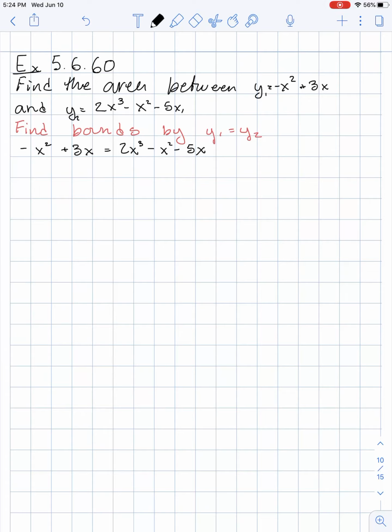All right. So then if I add x squared to the other side, I'll get 2x cubed. Those two cancel out. Yes, they do cancel out. Did I write this right?